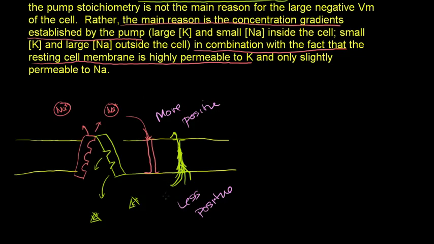So you're more likely to have a potassium bump in just the right way to get through this channel and get out than you are to have a sodium be able to go the opposite direction. So you have more potassium coming outside because of this permeability than sodium coming inside. And that is the main cause of the potential difference between the outside and the inside. And so thank you, Stephen Baylor, for that correction. Very interesting.